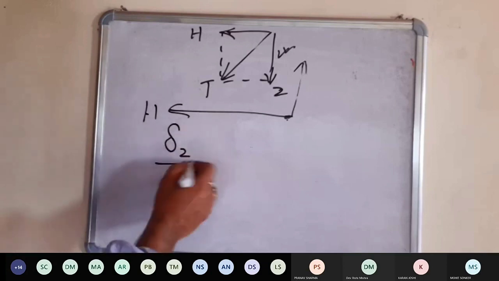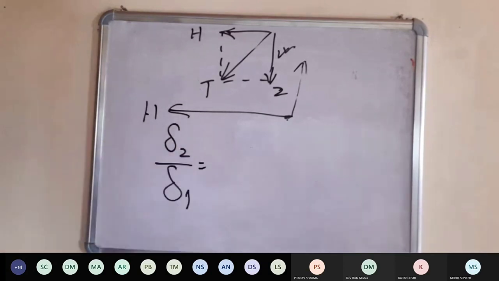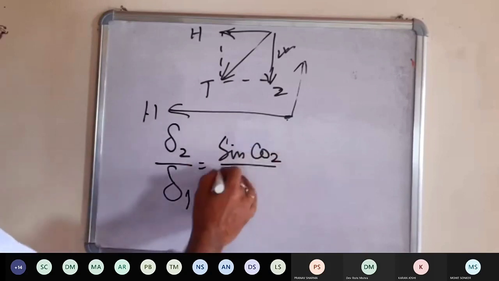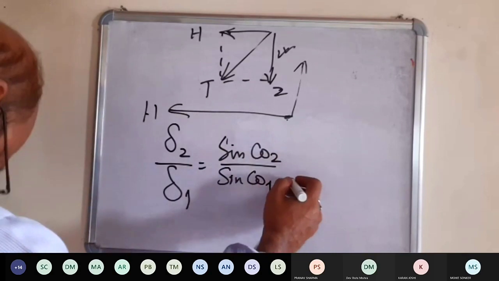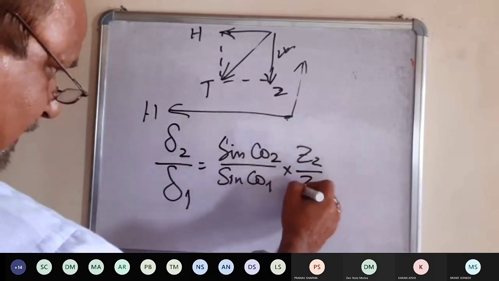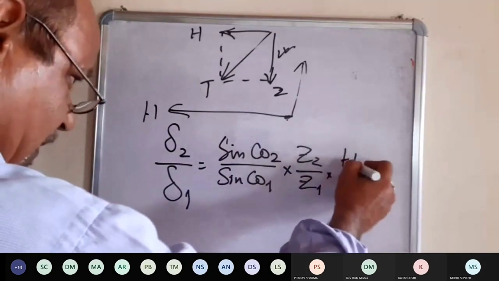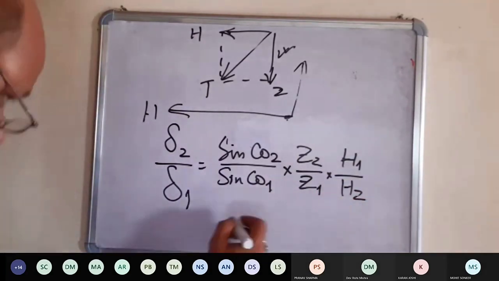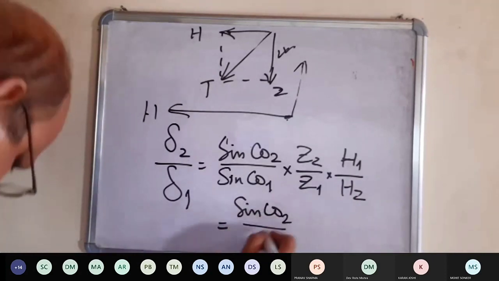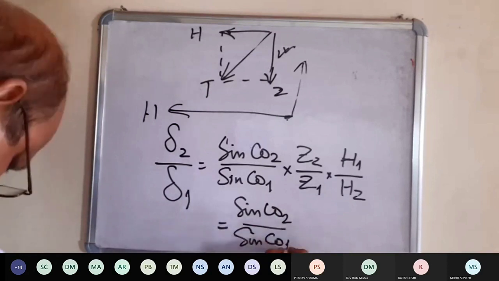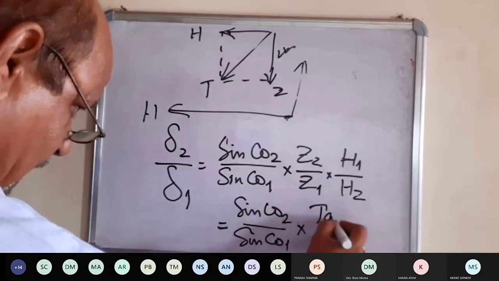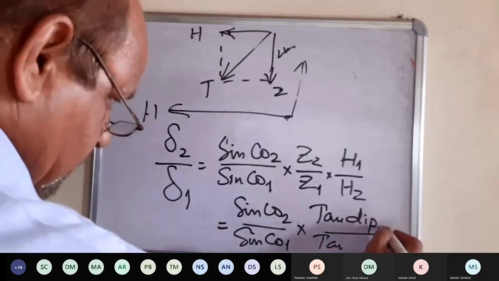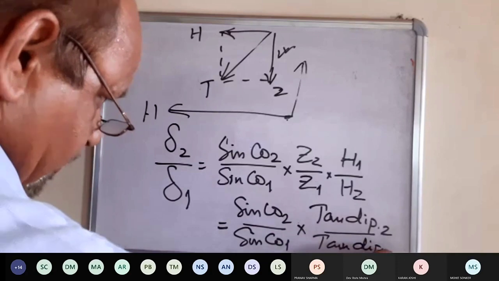It may seem like a jump, where have we reached, but delta 2 by delta 1 is sine force 2 by sine force 1 into Z2 by Z1 into H1 by H2, is equal to sine force 2 by sine force 1 into tan theta 1 by tan theta 2.